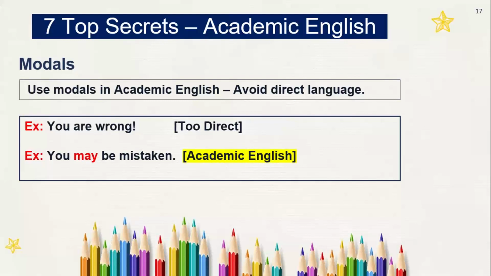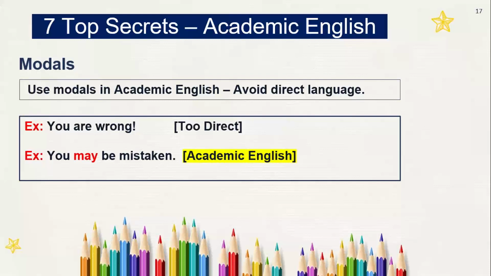You are wrong. Just come right out and say it, right? Well, that's very direct, very brusque, and could be rude as well, depending on who you're talking with, whether it's someone you know closely or someone you don't know closely. So how can you say that in academic English where it's a little softer and a little less direct?